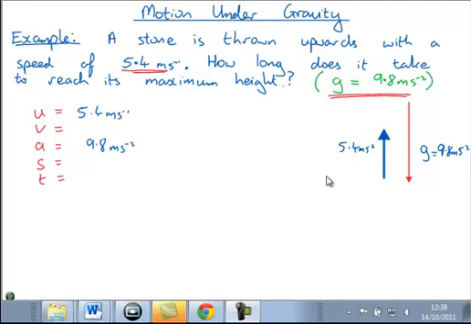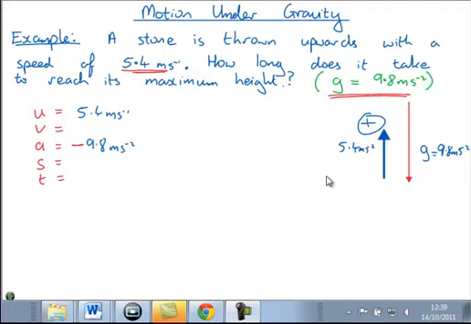Generally we always take up as positive and down as negative. I think it probably comes from sea level, or if you think about temperatures, generally up is positive, down would be negative. If you look at a y-axis on a graph, up is positive, down is negative. So it's really important to include this: our acceleration value is minus 9.8.